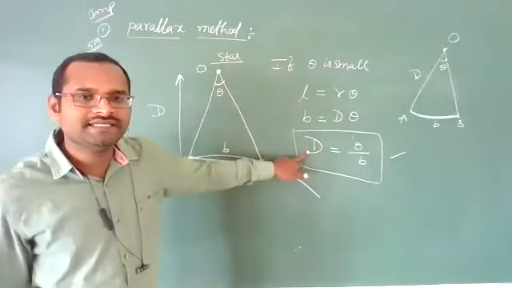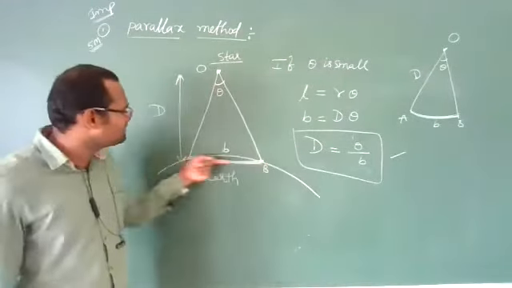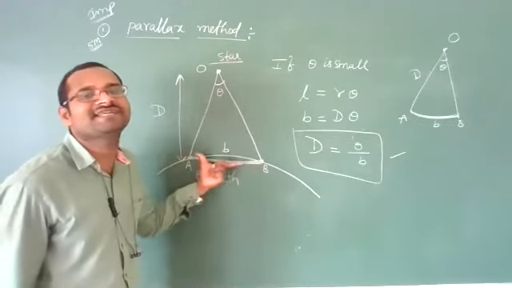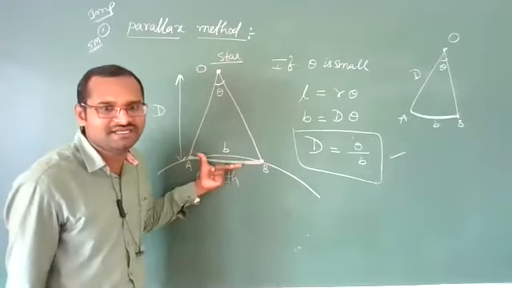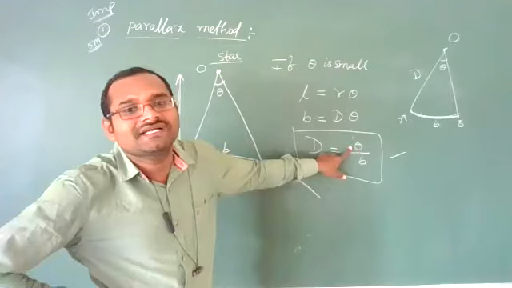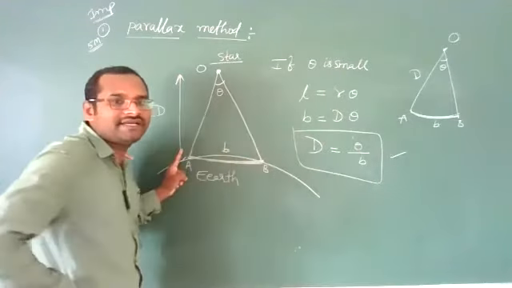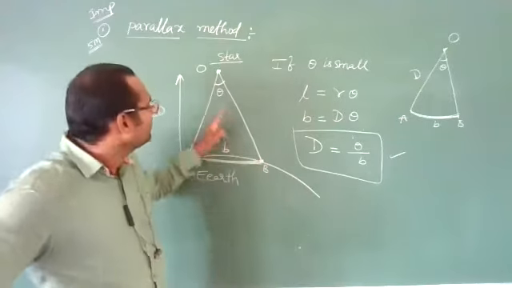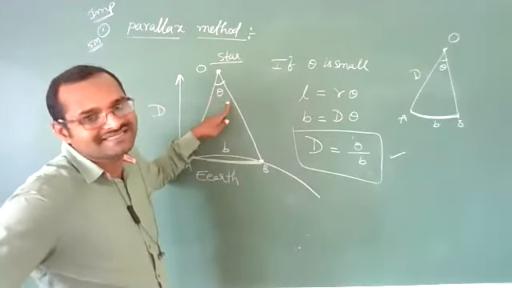We want capital D. We know b. We can measure this b, the basis, because it will be a nearby distance. Only thing is we should measure theta. How to measure theta? We should observe from point A and also from point B. Then you get the angle between these two rays, theta.